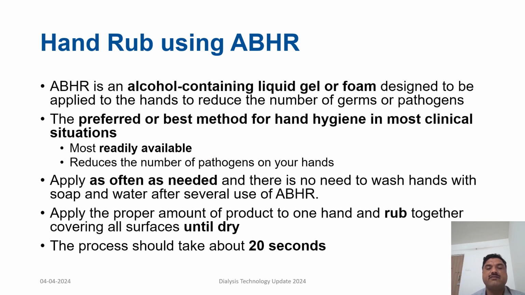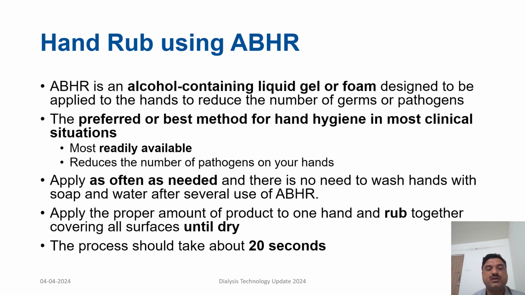These hand rubs are available as liquids, gels, or foams, and they can be applied as often as needed, with no need to wash hands with soap and water even after several uses of these alcohol-based hand rubs.